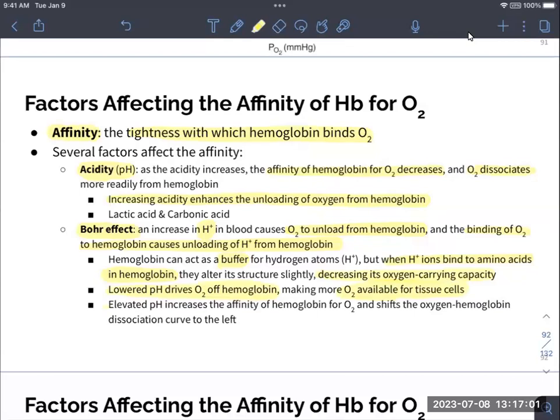The higher the pH, that means the fewer hydrogen ions available there. That increases the affinity of hemoglobin for oxygen. So more oxygen is going to bind to that hemoglobin. So even the pH of your blood and this hemoglobin is all going to play a role in how much oxygen is actually available for our tissues.